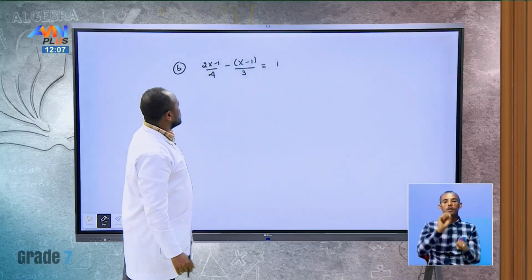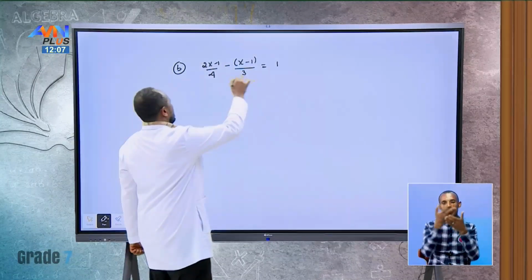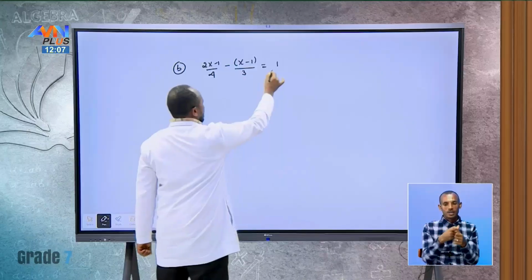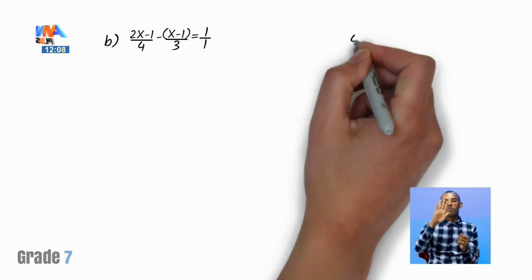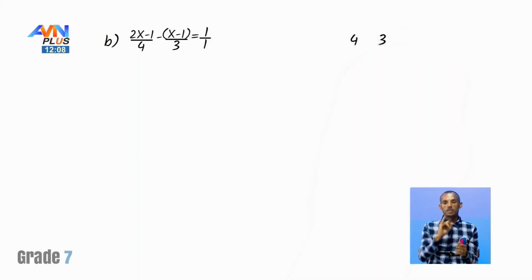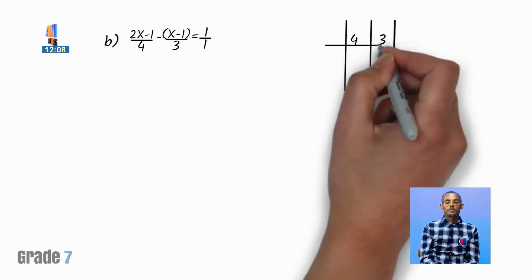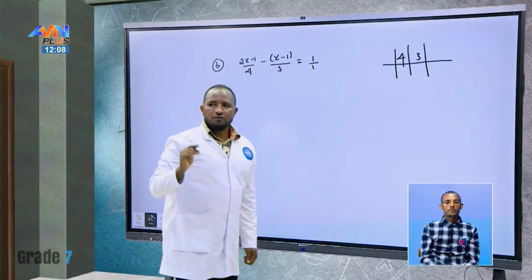So, to solve such an equation, you have to first find the LCM of the denominators. Here 1 means 1 over 1. So, the LCM of 4, 3, and 1. Let's find the LCM of 4 and 3. You can just leave 1.